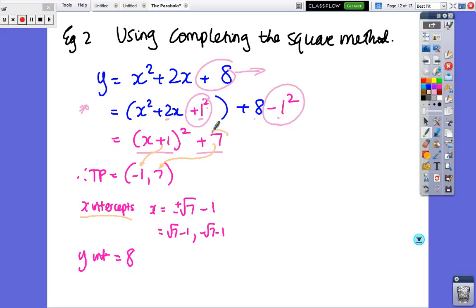Now, for the x-intercepts, I made a mistake there. Sorry, I'll take that back. When I take the 7 across, I'm trying to find the x-intercept, which is when y equals 0. So the plus 7 comes across, so I've got plus or minus the square root of -7, and then I'm going to minus 1, but these don't exist.